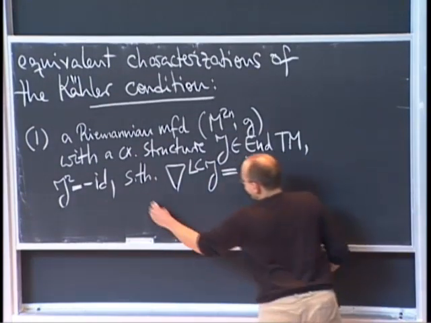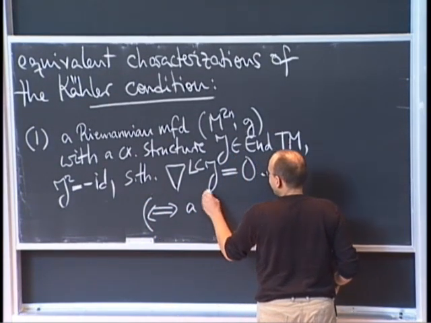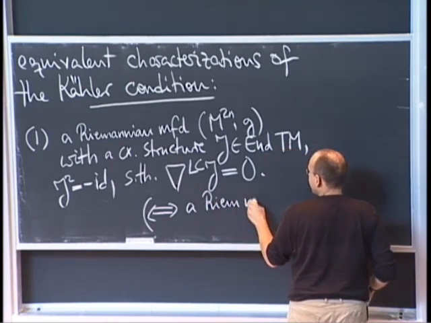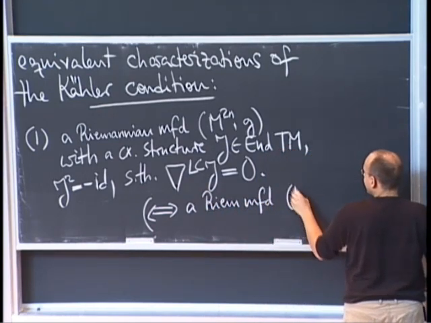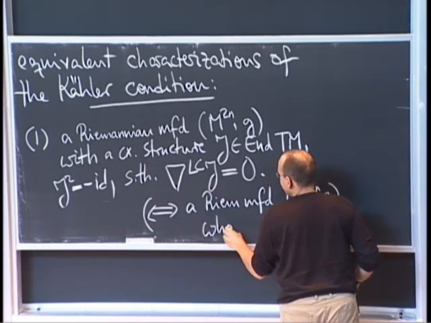An equivalent way of saying that is that we have a Riemannian manifold (M^2n, g) whose holonomy is contained in the unitary group.